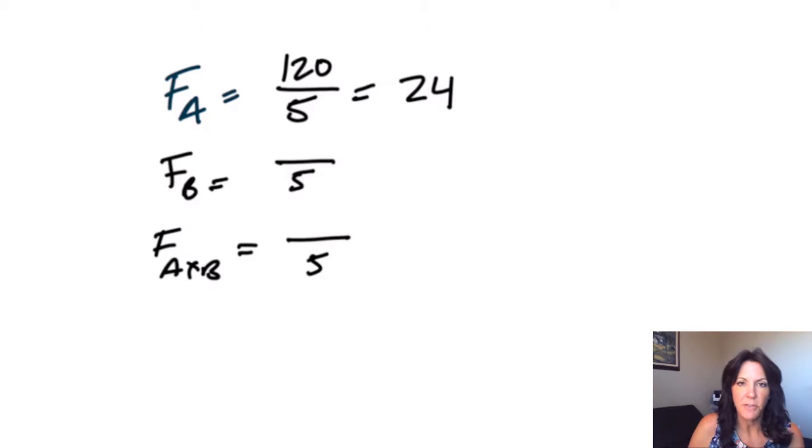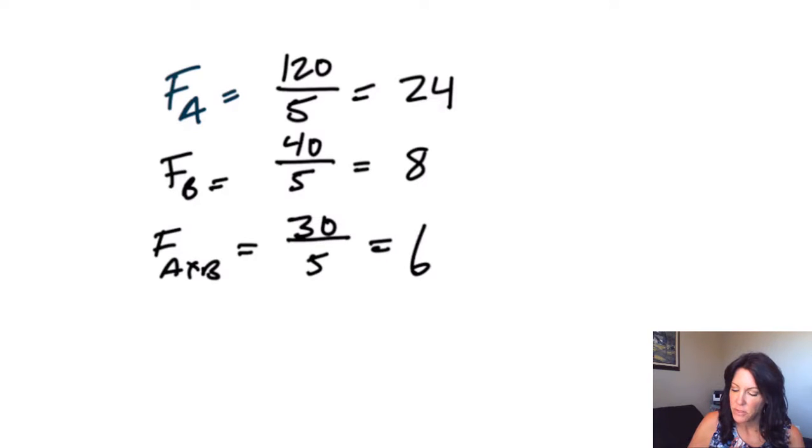So we have an F statistic of 24 for factor A. For factor B, our mean squares were 40 divided by 5, which gives us an F score of 8 for factor B. And for the interaction, our mean squares were 30 divided by 5, gives us an F score of 6 for the interaction.